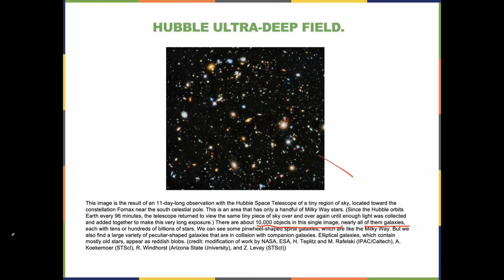Now what you see here is almost all of them are galaxies. Inside a galaxy you have tens to hundreds of billions of stars, right? So each of these objects is a galaxy, and inside that galaxy there will be billions of stars.